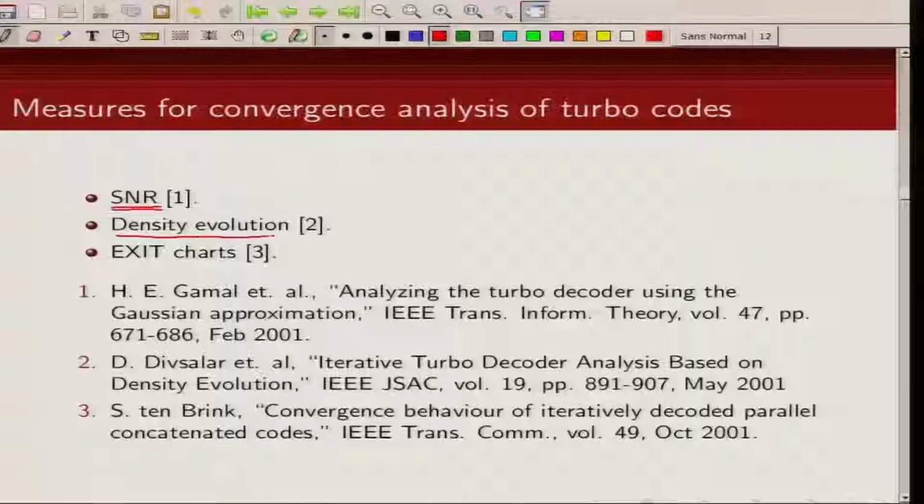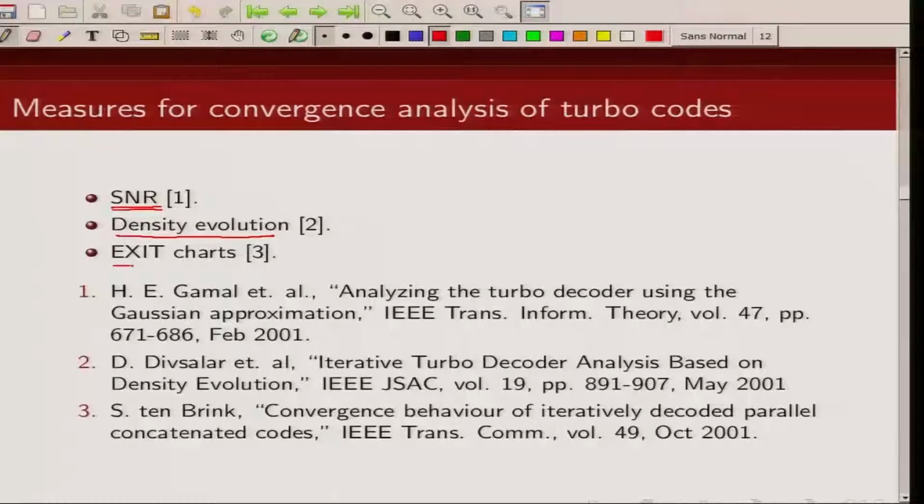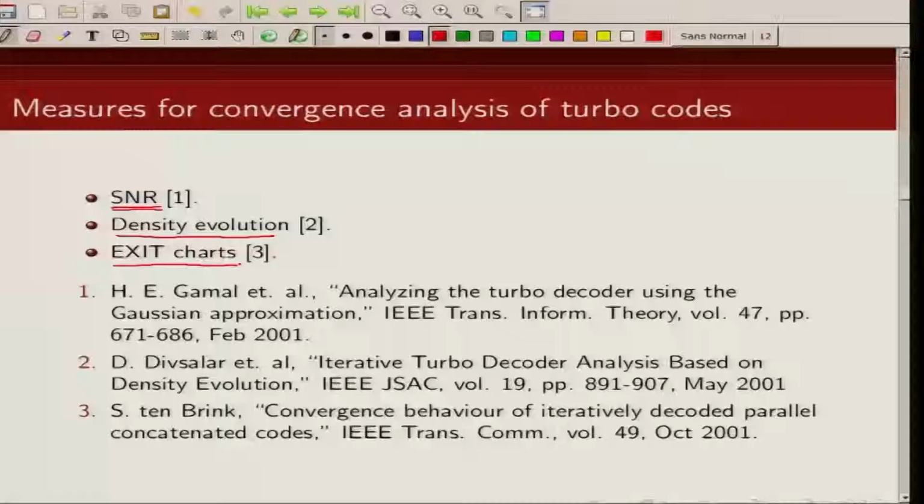In the density evolution method by Divsalar and others, they see the density of this extrinsic information, how it grows with iteration. And the approach of Ten Brink, which is known as the extrinsic information transfer chart, uses mutual information as a parameter to observe how your extrinsic information grows with iterations.